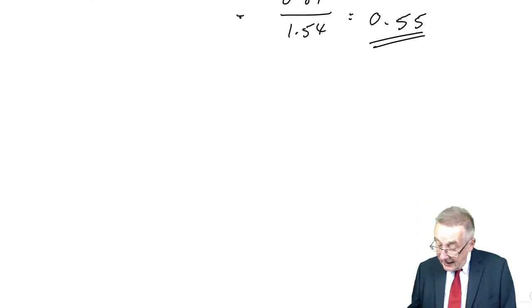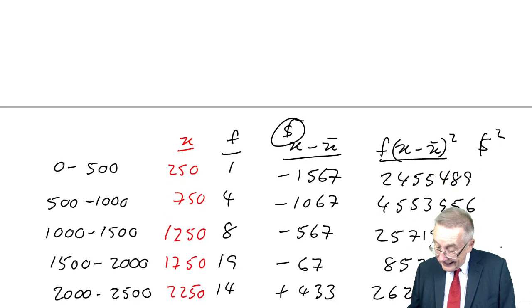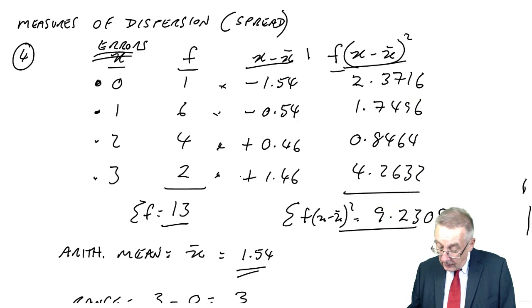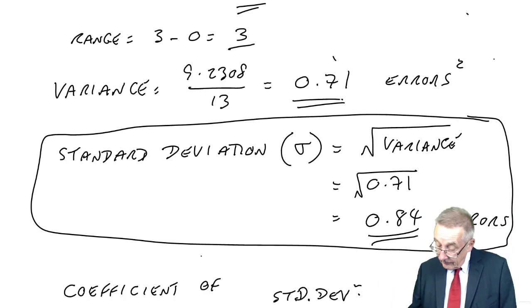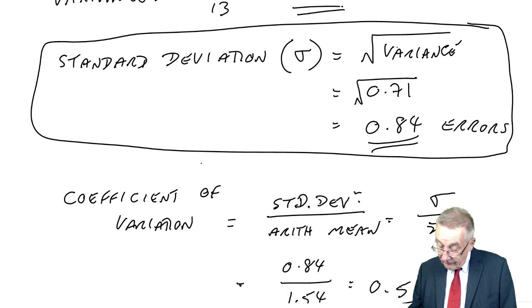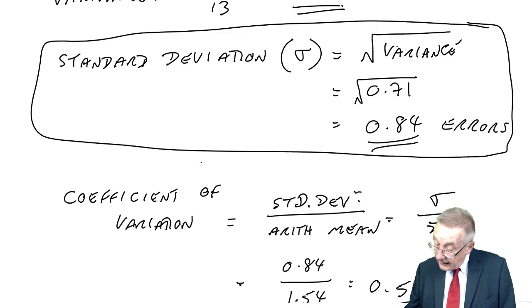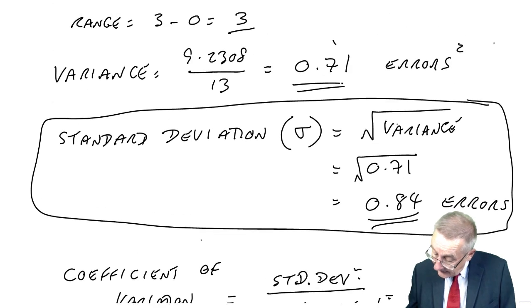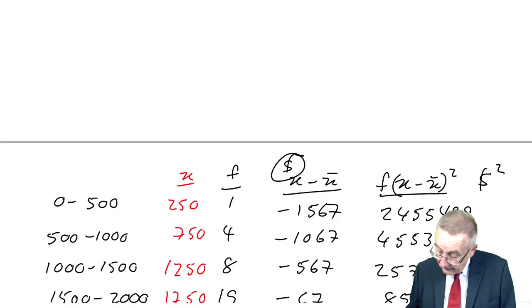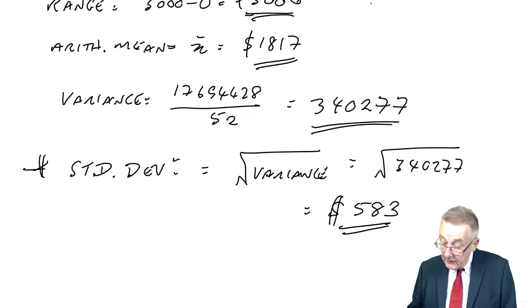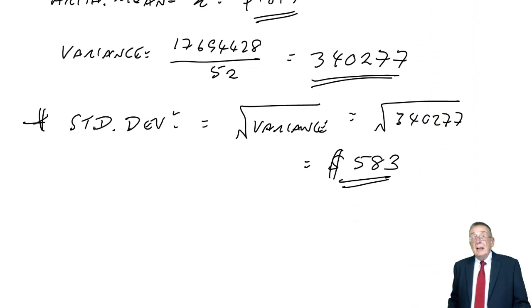Here, the arithmetic mean was, where were we, 1817. Sorry, we're going all over the place here. Yeah, here the arithmetic mean was 1817.